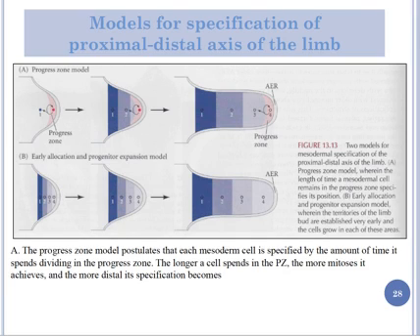The second model is called early allocation and progenitor expansion. As its name indicates, this model for specification of the proximal distal axis of limbs is based on the fact that the different territories or different zones of the limbs are already present very early, even at the level of the limb bud.